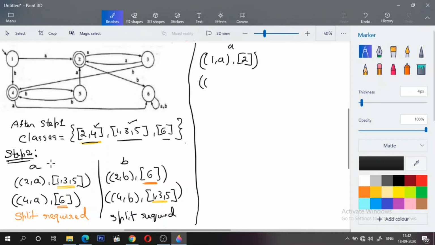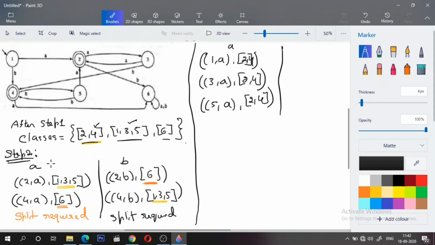Then 3 upon A will make a transition to the set containing 2, 4. And finally 5 upon A will make a transition to 2, which is not split yet. It should be written 2, 4, right?